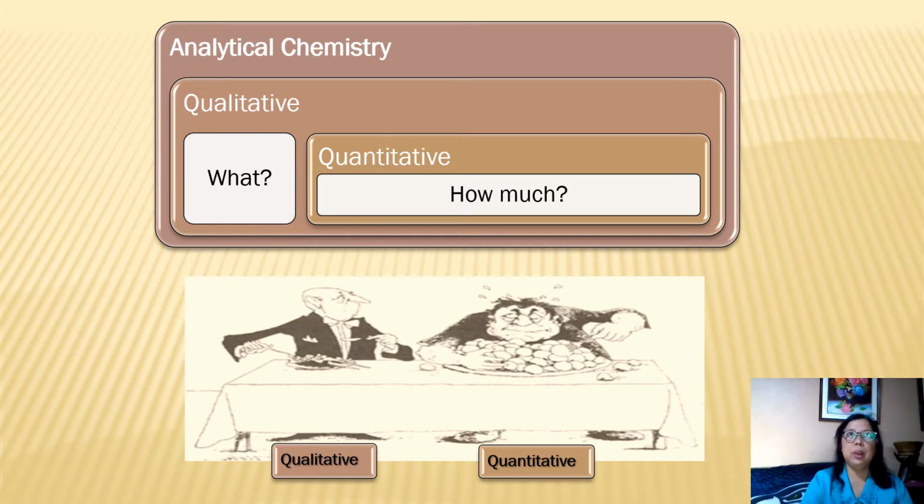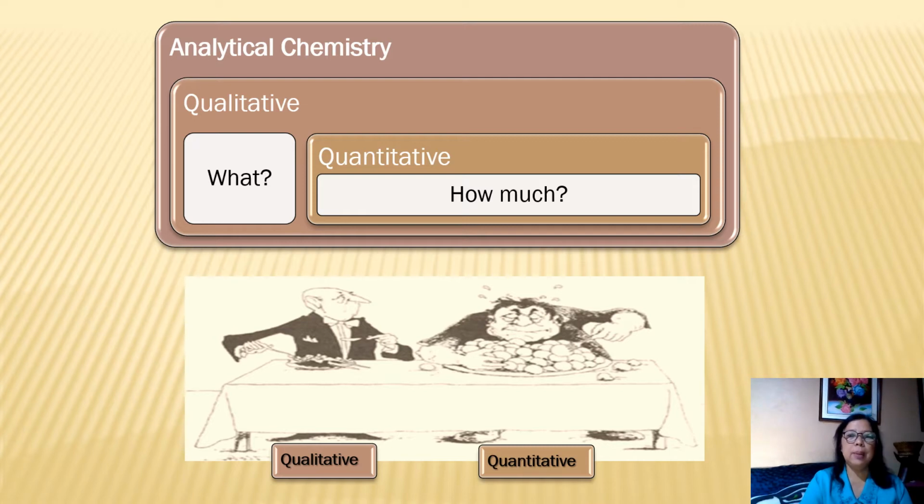So we want to determine how much there is. Through the process of titration, using your burette and a standard solution, whether acid or base, you make some reaction, or what we call magic, with your phenolphthalein, then you could determine how much is the H plus.